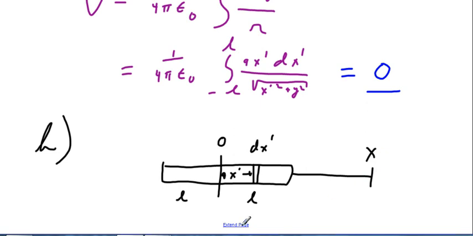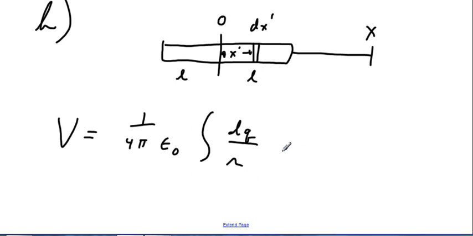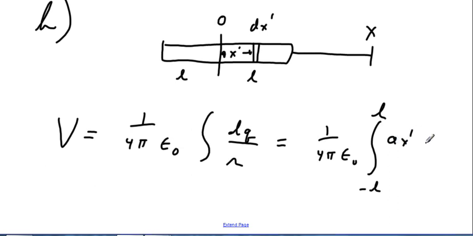Voltage is going to be 1 over 4 pi epsilon naught integral of dq over r, which is 1 over 4 pi epsilon naught integral from minus L to L of a x prime dx prime divided by x minus x prime.